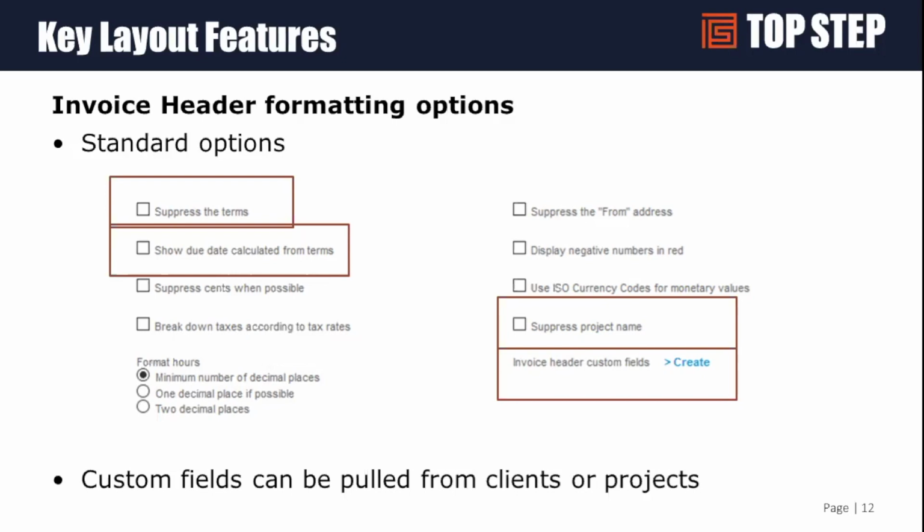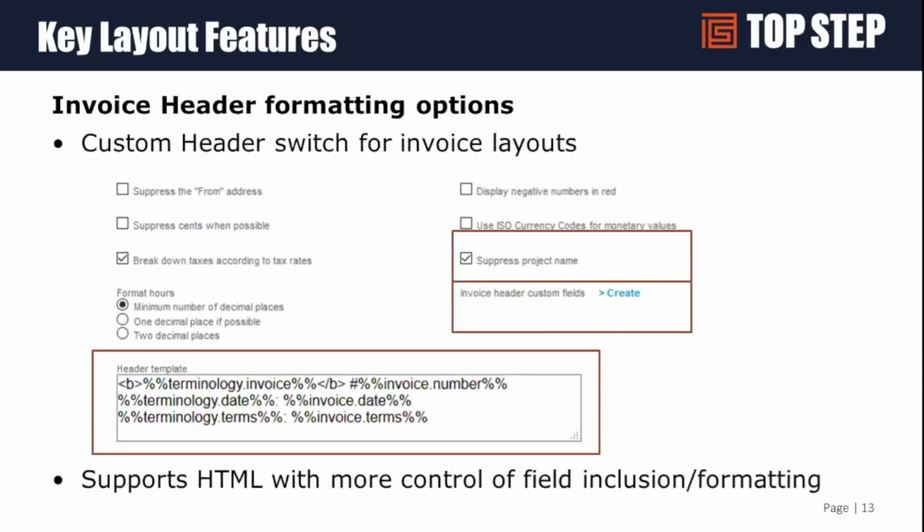They're in everyone's layout. But if you don't see these exact checkboxes, then you may have this alternate invoice header, which allows you to customize the content of the invoice header with substitutable terms. So you'll notice here I don't have that, hide the terms or show the due date, but I do have suppress the project name, and I still have the invoice header custom fields. But I also now have this header template.